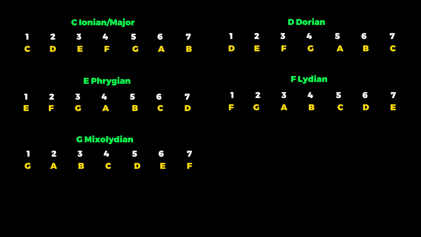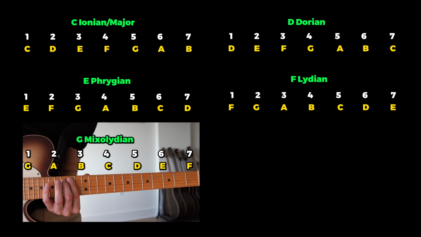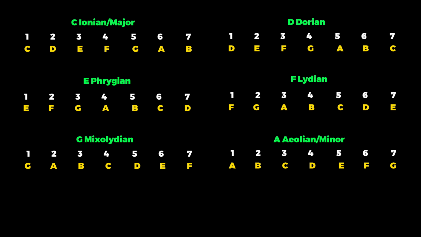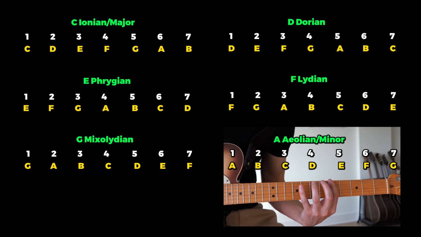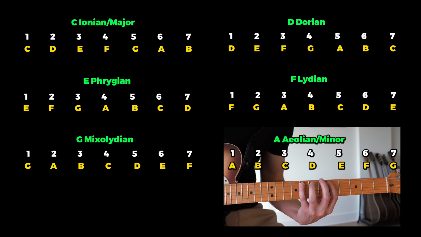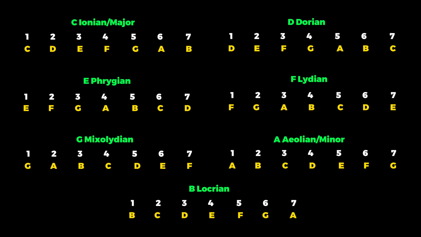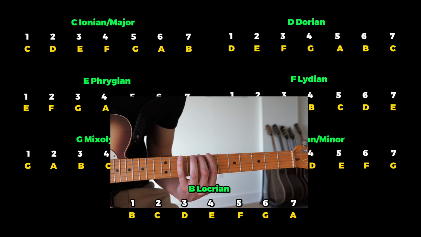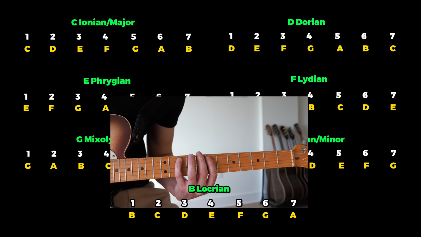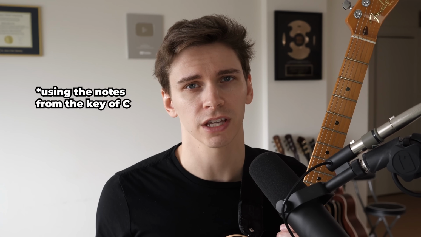After that is G Mixolydian. After that is A Aeolian, also known as A minor. And finally after that is B Locrian.